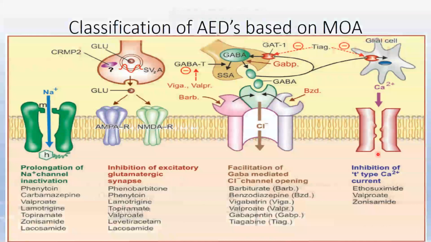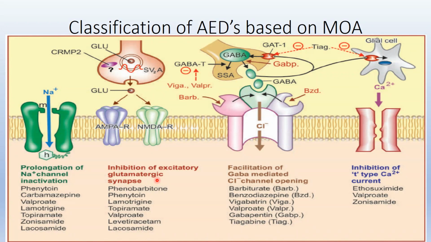But before knowing that, let us also classify our anti-epileptic drugs based on mechanism of action. Drugs which primarily act on the sodium channels by prolonging the inactive phase. The best examples for that are phenytoin, carbamazepine and valproate. The second group includes inhibition of excitatory glutamate response.